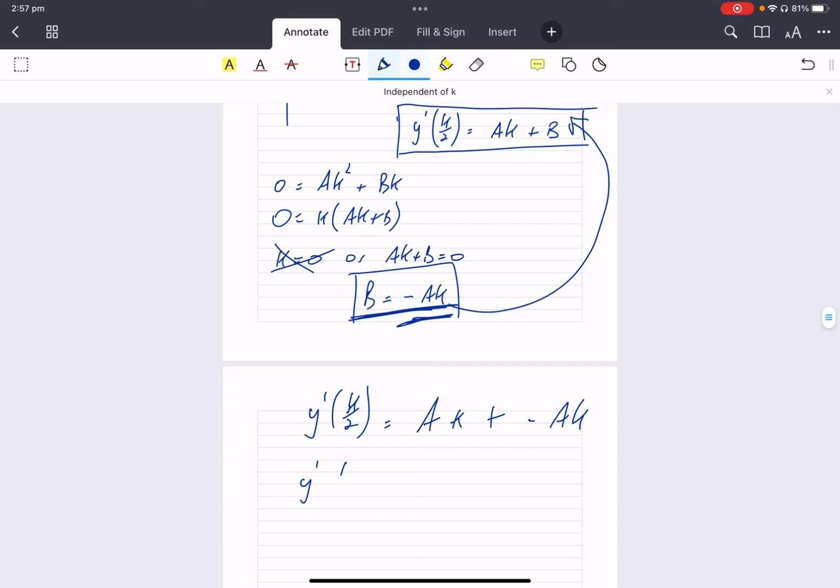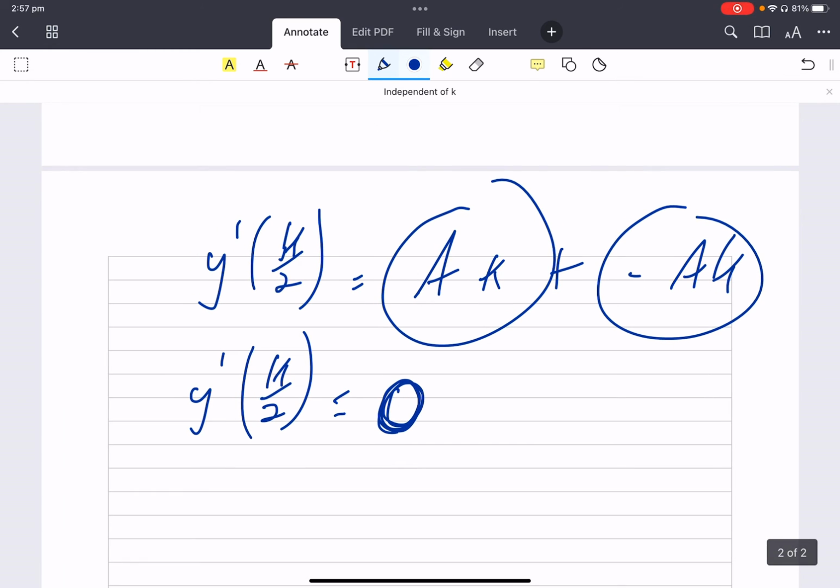Well, y dash of k on 2, ak minus ak is 0. So what's the slope at k on 2? 0. Therefore, no matter what k is, I get an answer of 0. Therefore, it's independent. So QED for our specialist friends, or just leave it there if you're not used to that terminology.